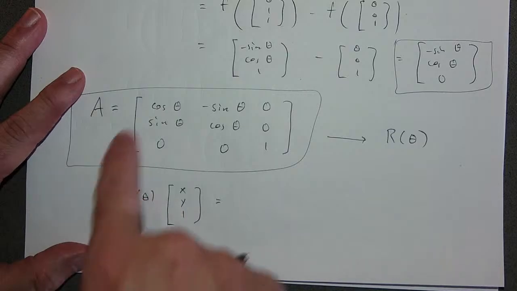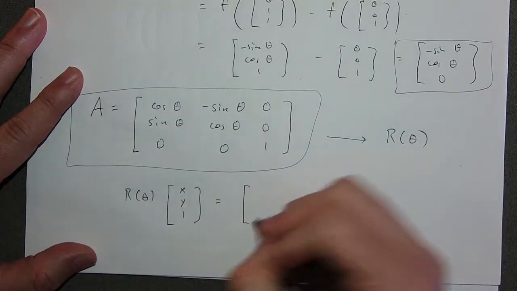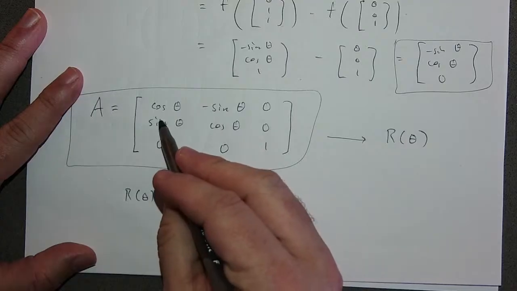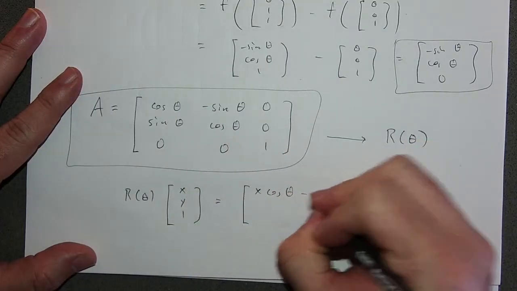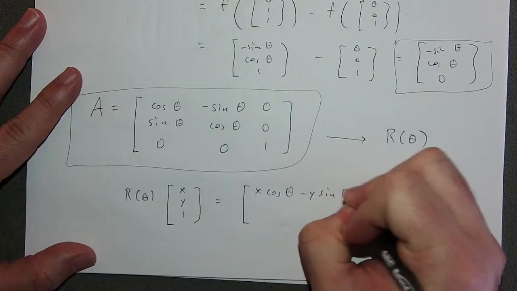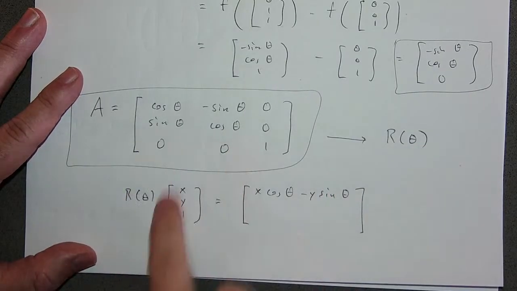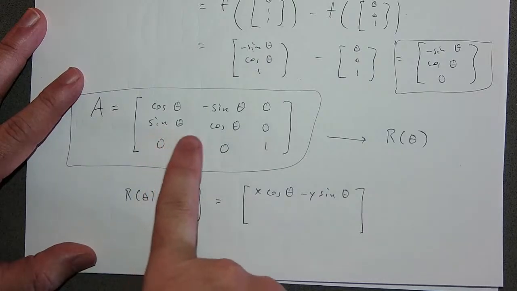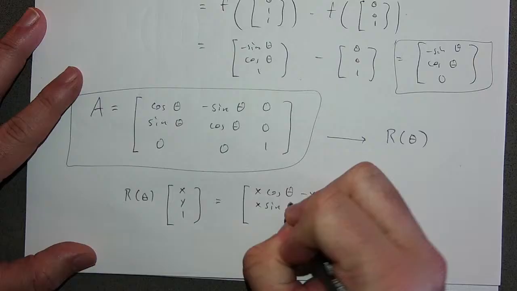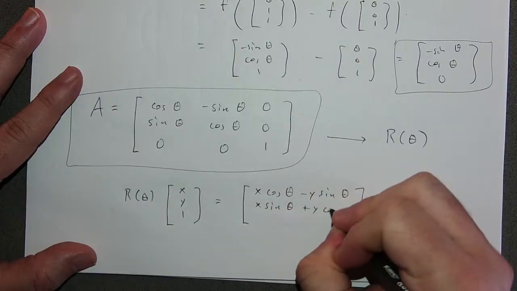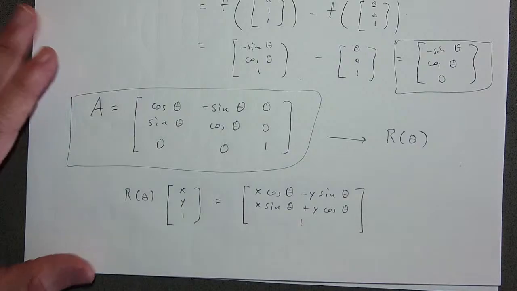Well, R of theta, which is this matrix, times x, y, 1: what is it in the first component? It is x cosine theta minus y sine theta. What is it in the second slot? This would be x sine theta plus y cosine theta. And in the last slot, it's 1.